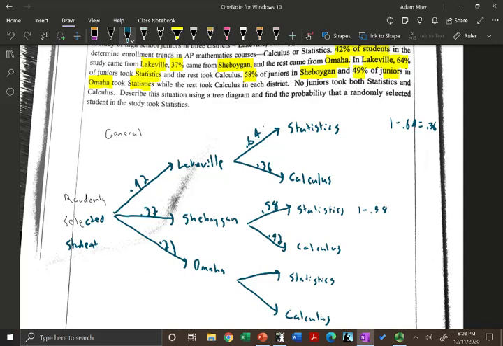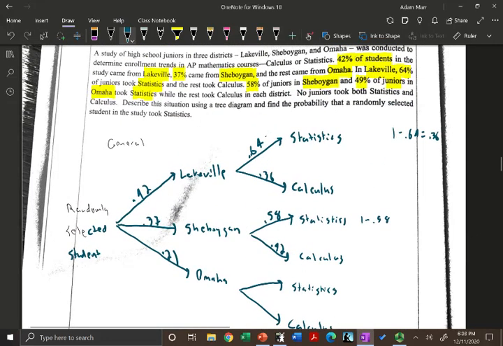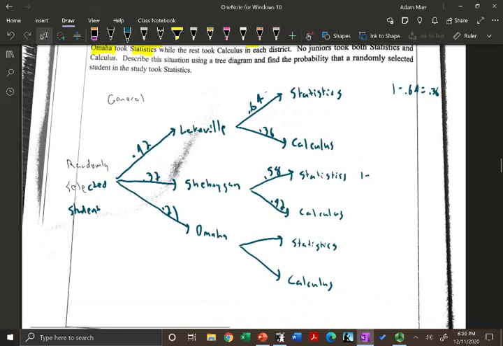And the final one is Omaha. It looks like 49% of the juniors in Omaha took statistics, 0.49. And of course, 1 minus 0.49 is just going to be 0.51. Okay? All right, so we got it right there.